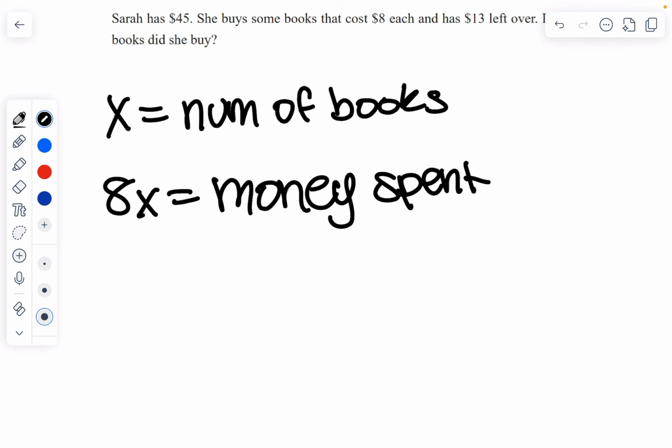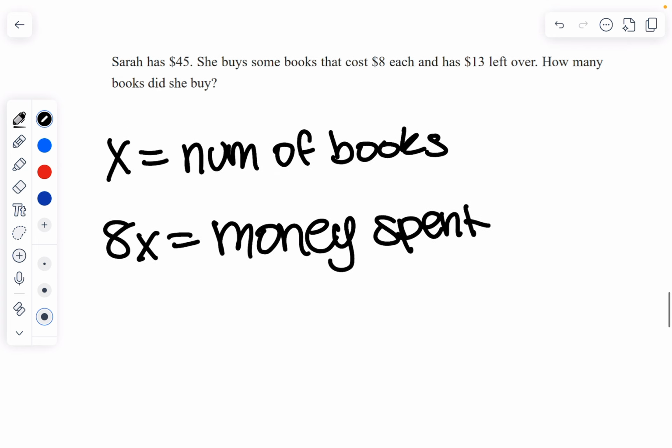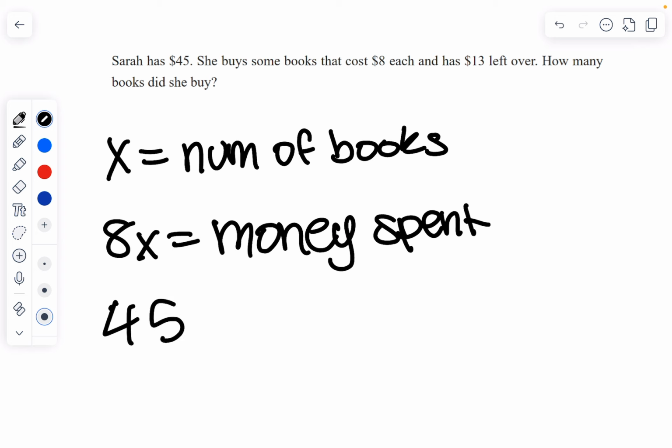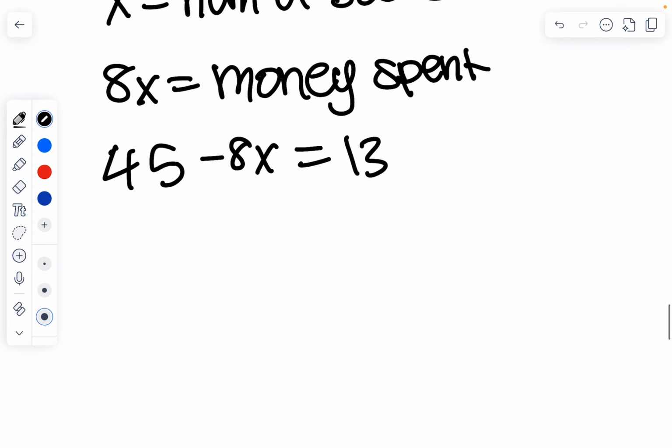So since she spent $45, we can say that the equation would be 45 minus 8x, because that's how much she spent at the library, and then that equals 13, because that's how much she had left over. So we can take this equation now and add 8x and subtract 13 from both sides.